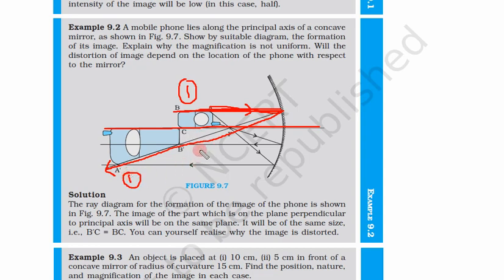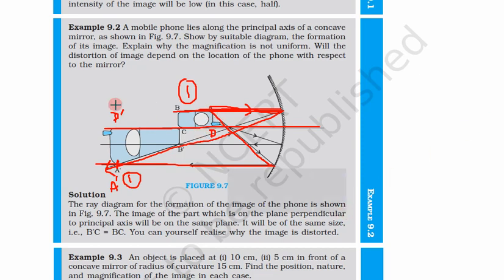Now, another ray which passes through this focal point becomes parallel. So this point gives us the image of point A. This is the image of point A, which is A dash. So A dash is much more enlarged, and this point was D, so A dash D dash is much more enlarged.